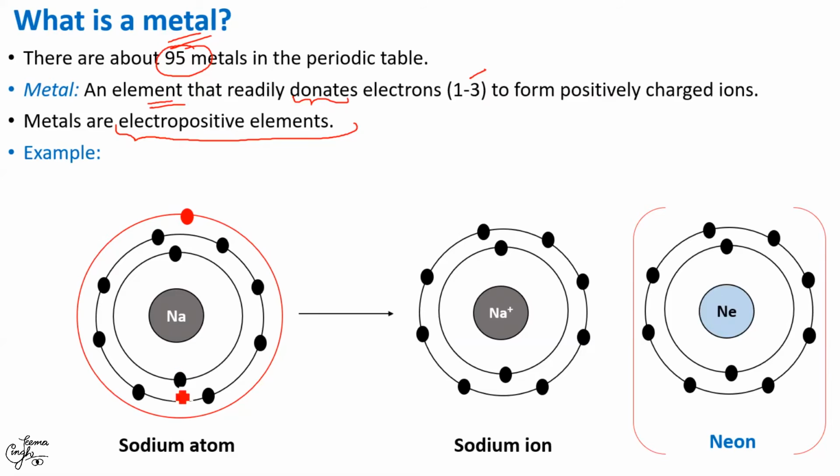For example, sodium, which has electronic configuration of 2,8,1, loses one valence electron to form sodium ion, which has electronic configuration 2,8, which is similar to that of the nearest noble gas, which is neon, having atomic number 10 and configuration 2,8.